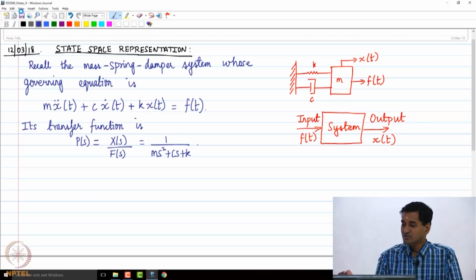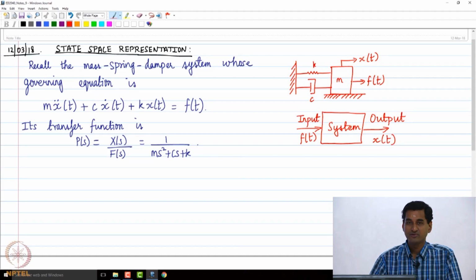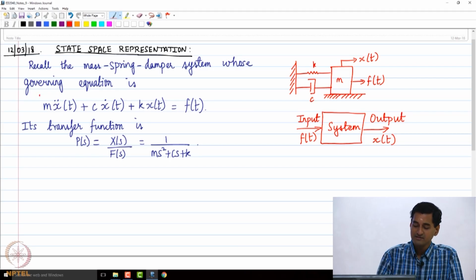Let's start with an example so that we continue from where we left off. Let's say I have a mass spring damper system, which we already are familiar with, and we know that the governing equation is m x double dot plus c x dot plus k x equals f of t.